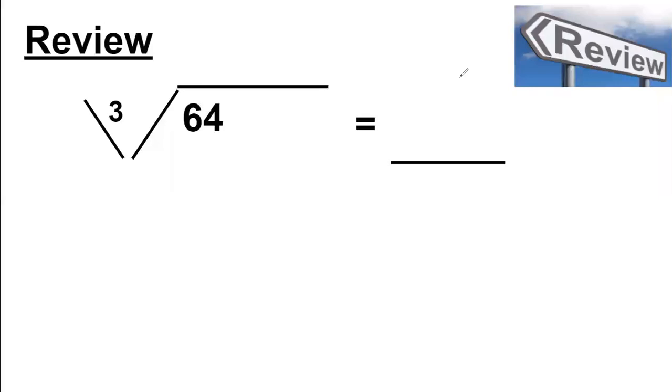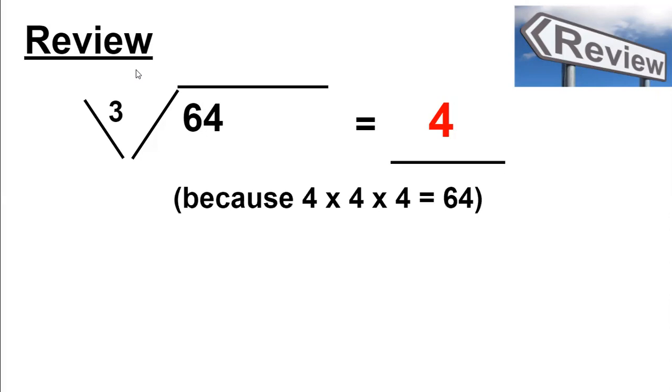That's too low. 3 times 3 times 3 would be 27. That's still too low. But if you do 4 times 4 times 4, you get the answer of 64. So the cubed root of 64 equals 4. Why? Because 4 times 4 times 4 is equal to 64.